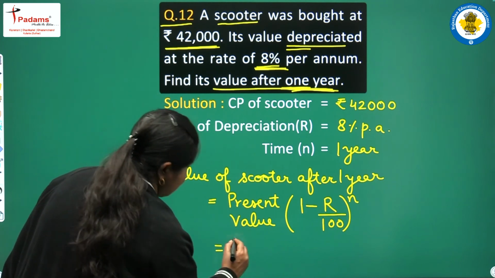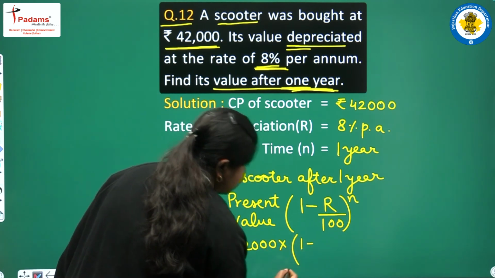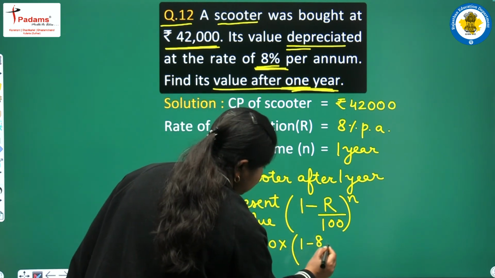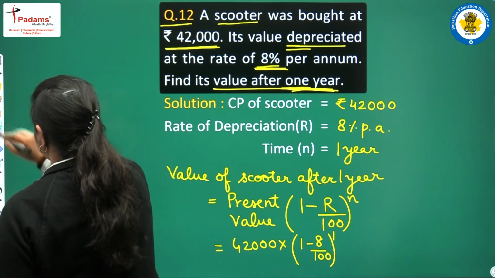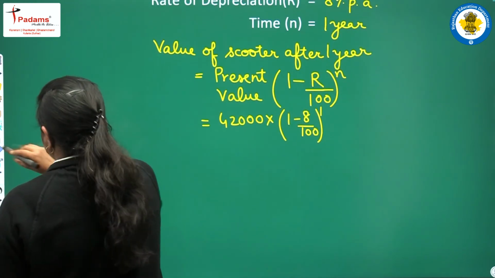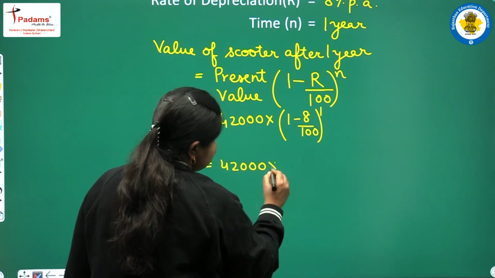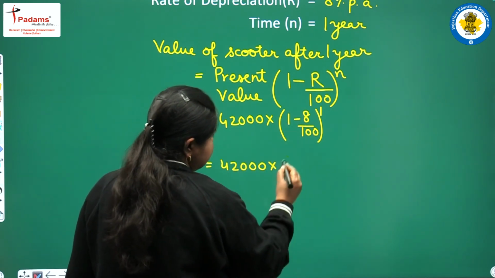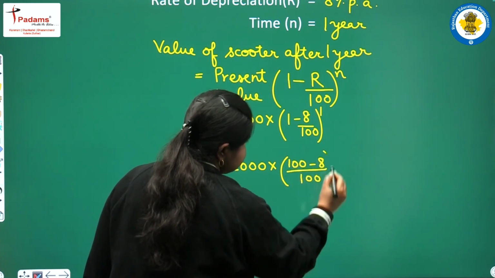Present value is 42,000 into 1 minus r, that is 8 upon 100 raised to power 1, because the time is 1 year. Next, this will be equal to 42,000 into 100, 1s are 100, minus 8 upon 100 raised to power 1.